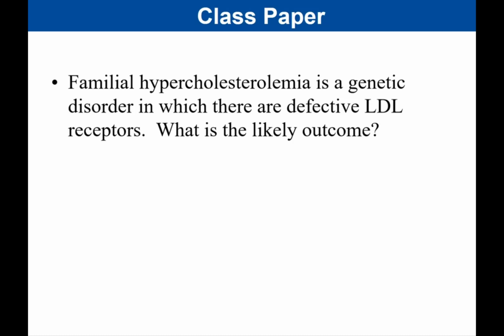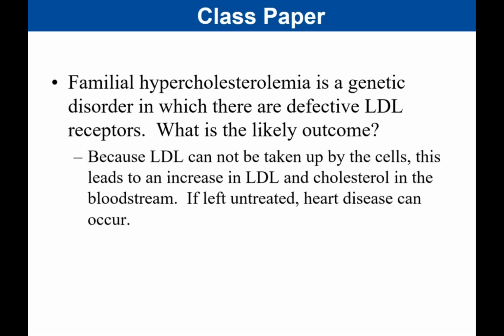It's not going to come out of the bloodstream. And what happens as a result is people who have this condition have genetically high cholesterol because their cells cannot take in the LDL to get it out of the bloodstream. And so because it's not taken up by the cell, it's going to lead to an increase in LDL and cholesterol in the blood. And if left untreated, heart disease can occur.